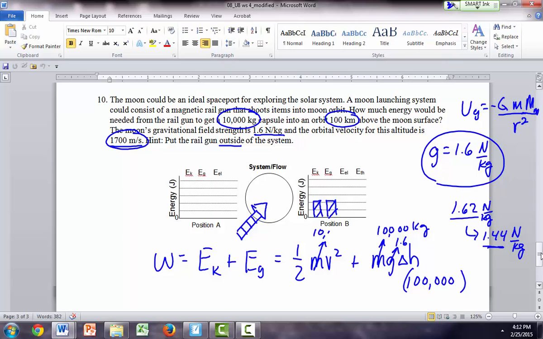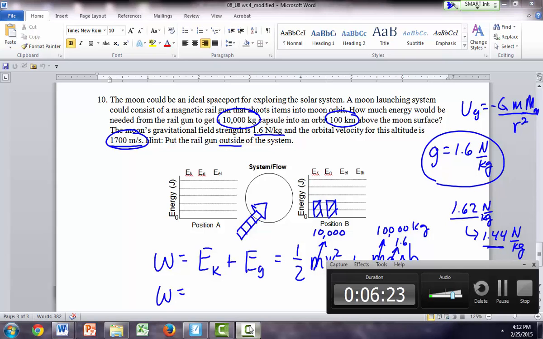This is 10,000. This is 1,700, and then 1/2. So just plugging everything in, you don't need me to write all that out again. Solving for work, doing all the algebra on the right-hand side. The answer I get, and I'll go offline real quick.